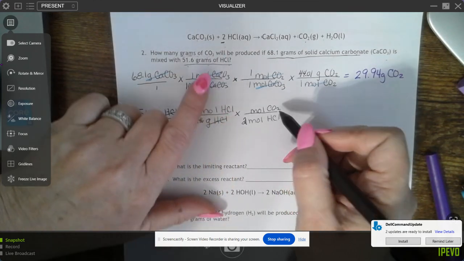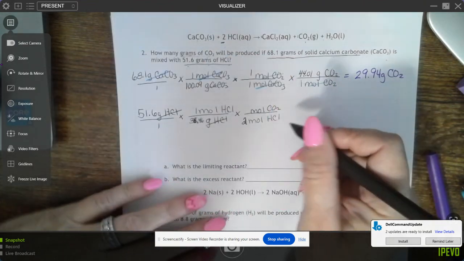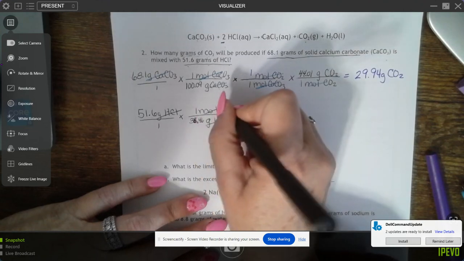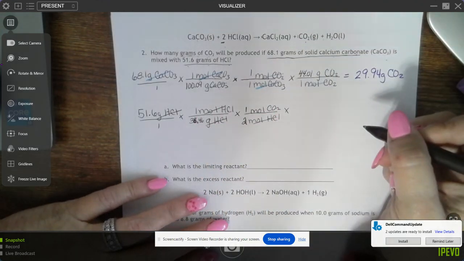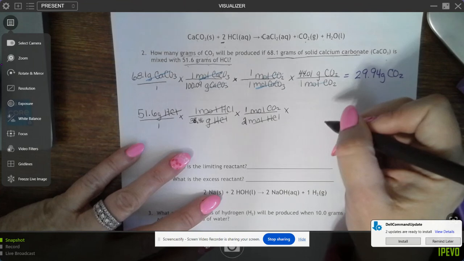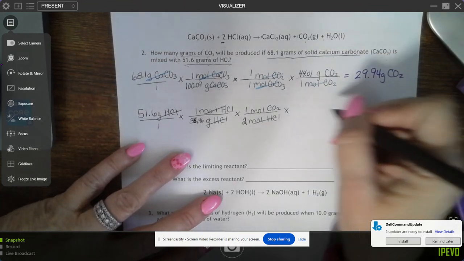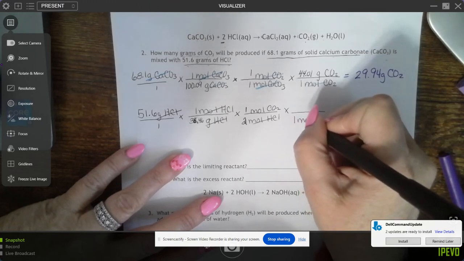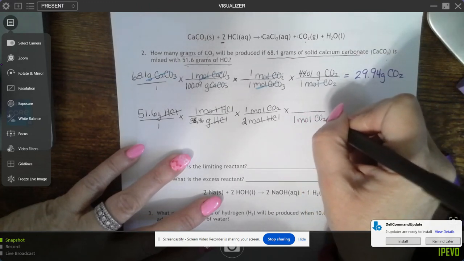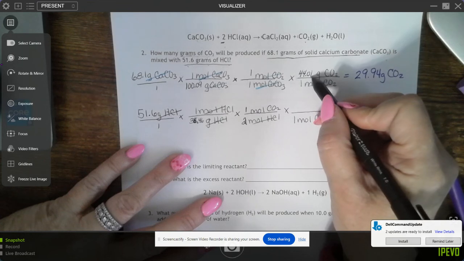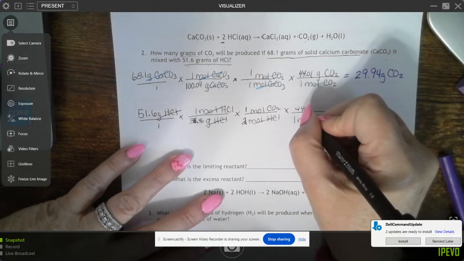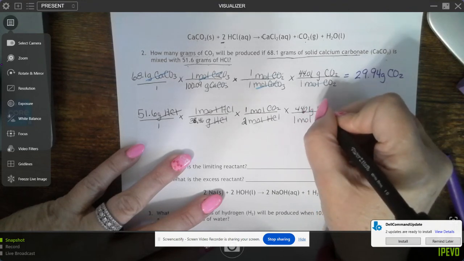Moles of carbon dioxide is 1. So that cancels moles of HCl. Then the third step is to convert from moles of carbon dioxide to grams of carbon dioxide. So 1 mole of carbon dioxide is equal to, and we calculated it up here, 44.01 grams of carbon dioxide.